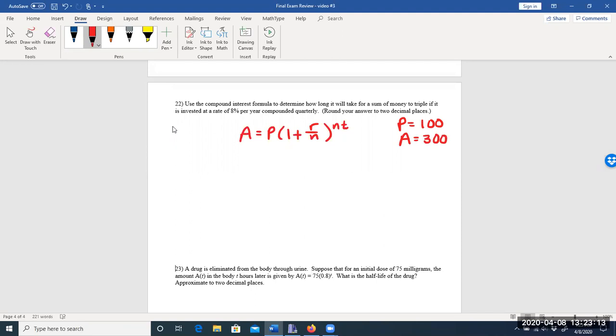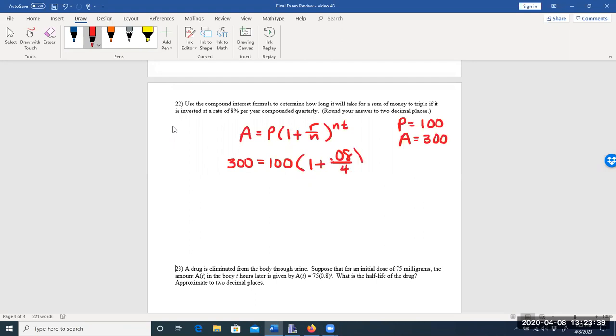It doesn't matter what you pick for P because our answer is going to be the same since A is always going to be triple what P is. So feel free to pick whatever you'd like for P and then just make A 3 times that. Our interest rate is 8%, but I'm going to enter it in as a decimal, 0.08.